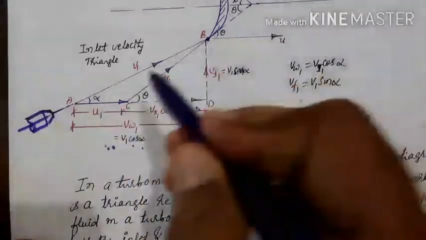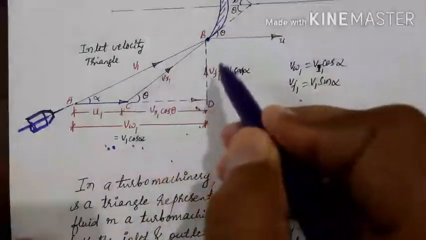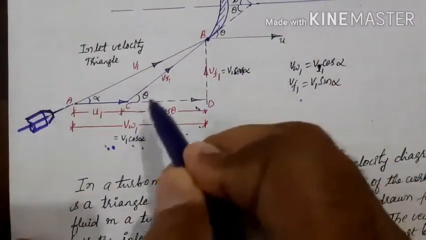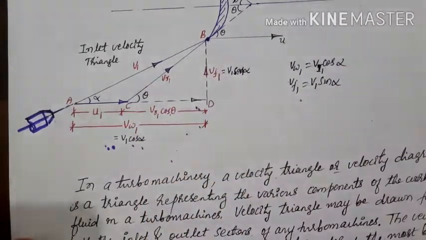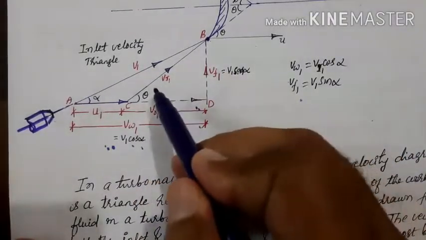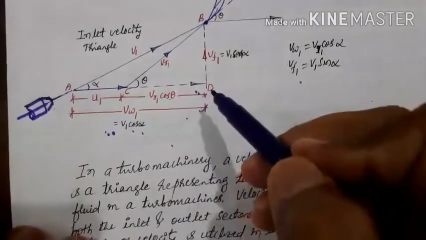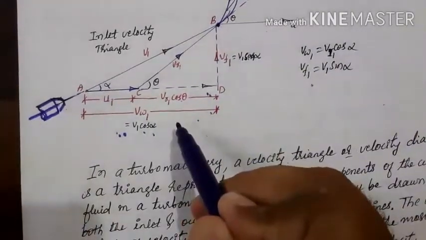Then the difference of the two is taken as the relative velocity, and these three components typically represent the velocity triangle. By having these three components we can construct the velocity triangle, that is V1, Vr1 and u1, that is the blade velocity. So let us look at the inlet velocity triangle.